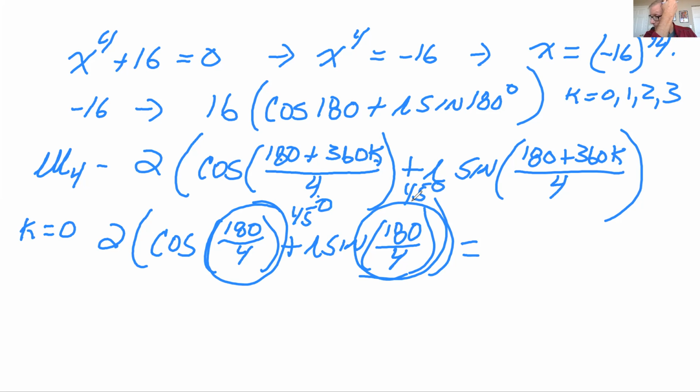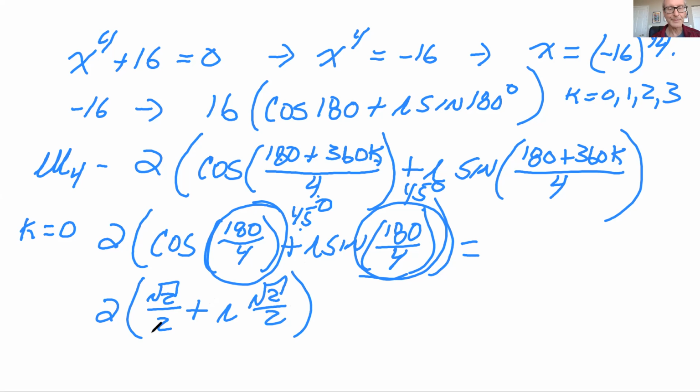Okay, so when you do this calculation then, it would be 2, and we're in quadrant 1. So this would be square root of 2 over 2 plus i times square root of 2 over 2.